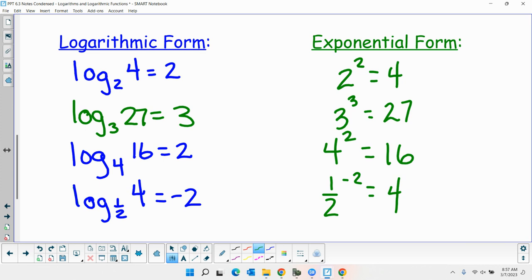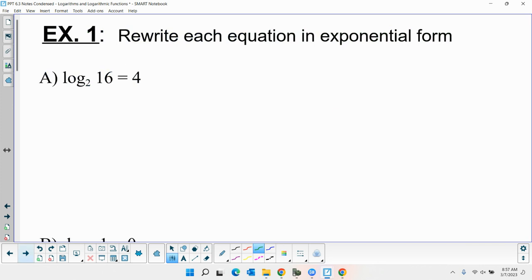So here's another one. Berkeley. What's that in exponential form? Log base 2. 2 to the 4th power equals 16. Right. So when we say log base 2, it gives you the base of your exponent.